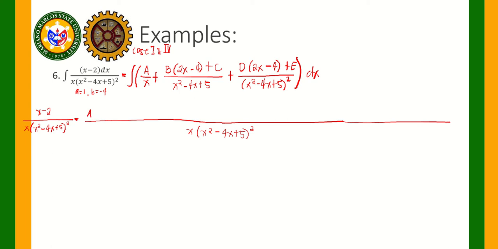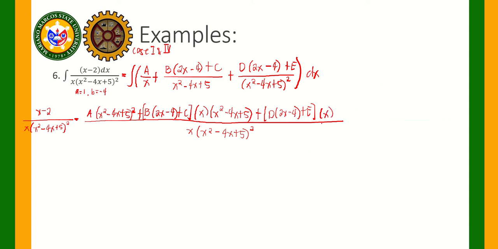So, this will be equal to a times x squared minus 4x plus 5 quantity squared plus b times 2x minus 4 times plus c. Ayan. And then, multiply natin si x times x squared minus 4x plus 5. Okay? And then plus d times 2x minus 4 plus e multiplied by x. Multiplied by x. And then we simplify.